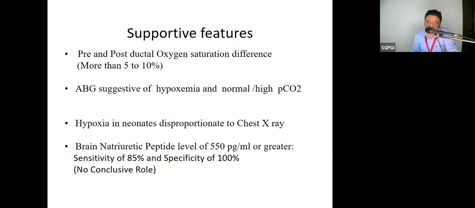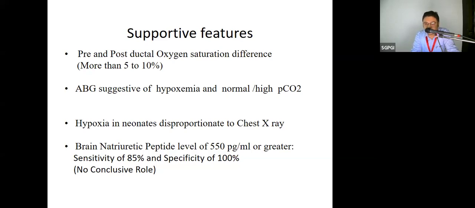Also, as has been going on in the research stage, various biomarkers have been studied. One of the biomarkers is BNP, that is brain natriuretic peptide, and also NT-proBNP. What has been suggested is that at a level greater than 550 picogram per ml, it has a sensitivity of almost 85%, but specificity of 100%.